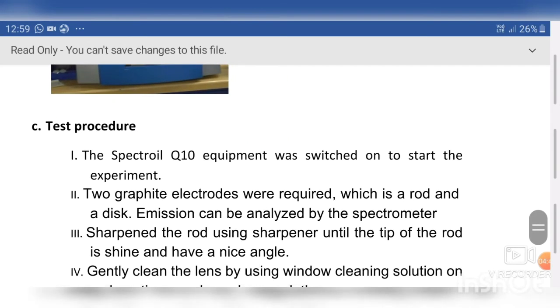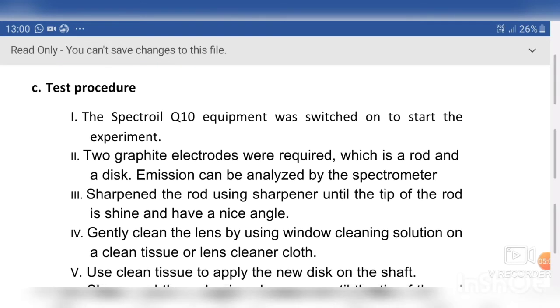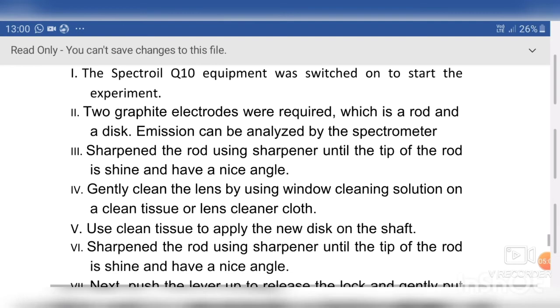the test procedure is: the Spectro Q10 equipment was switched on to start the experiment. Two graphite electrodes were required, which are a rod electrode and a disc. Sharpen the rod using the sharpener until the tip of the rod is sharp and has a nice angle.